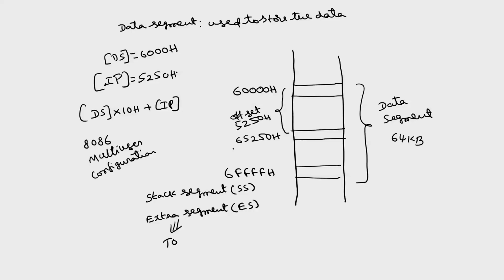Or, as I have told in multi-user configuration, if two users want to share common data, that common data also can be stored in the extra segment. So the extra segment can be used for storing the excess data and also you can store the shared data among the multiple users.